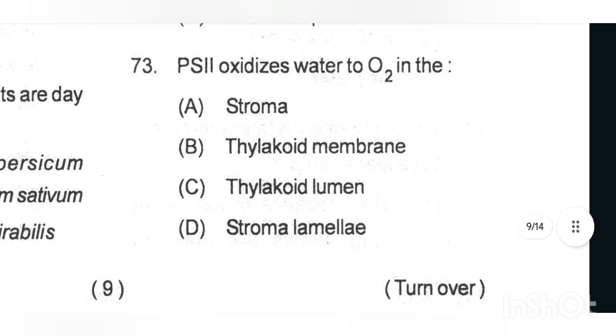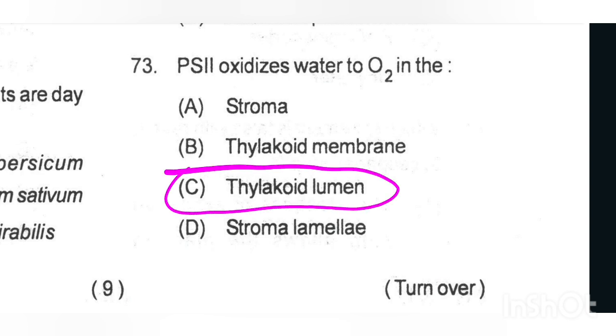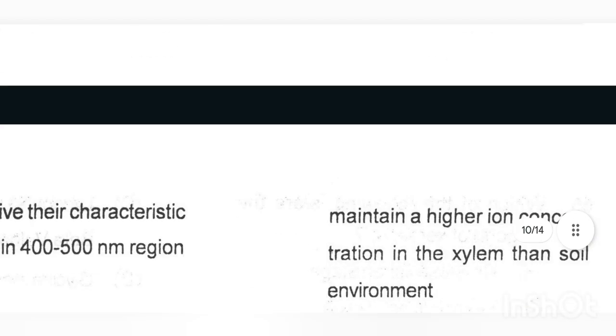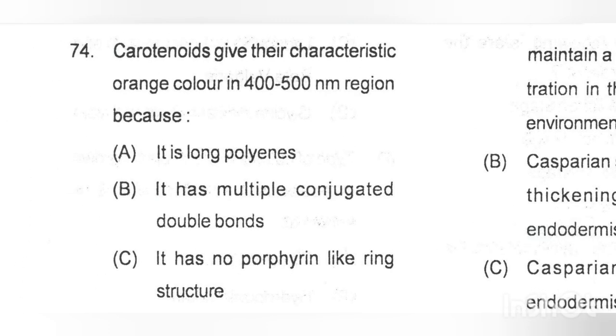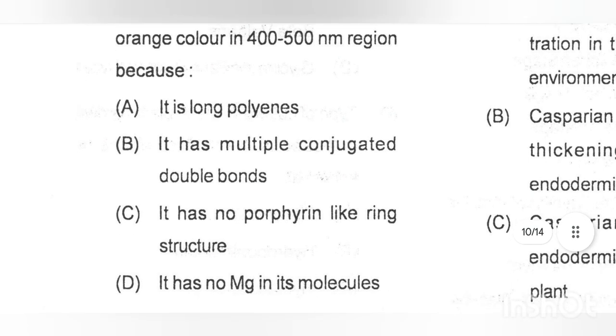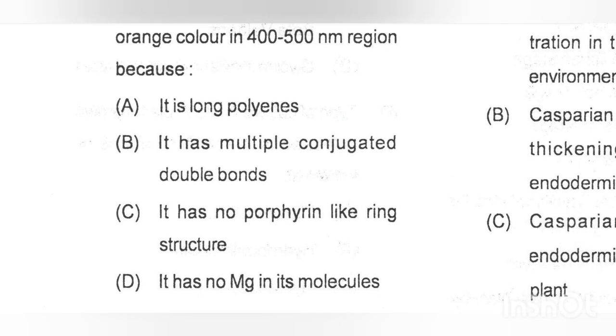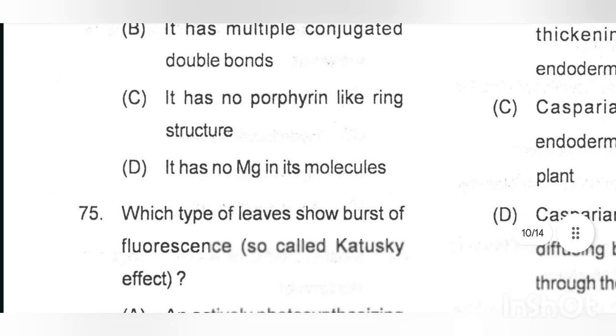Then PS2, photosystem 2 oxidizes water to oxygen in the thylakoid lumen, in the luminal side of the thylakoid.